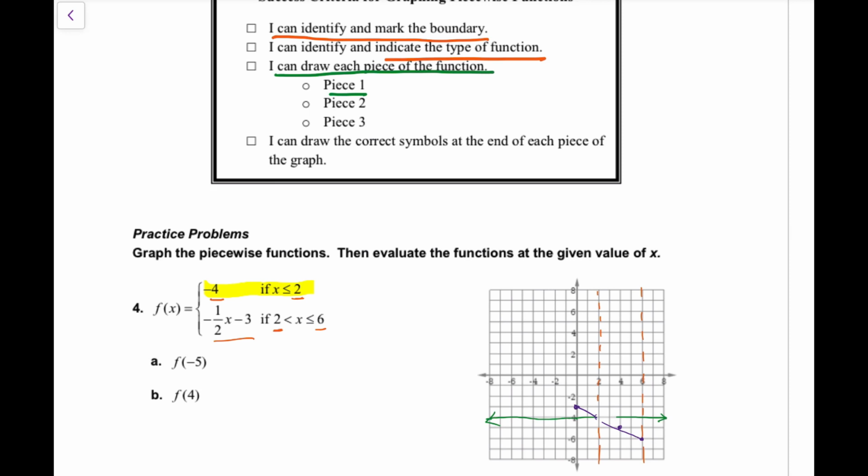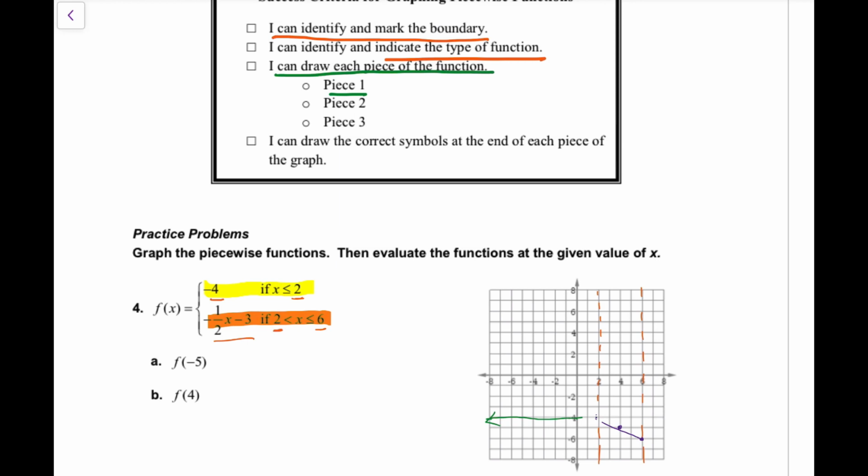So I'm going to erase all of this over here because that's bigger than 2. I don't want that part of the graph. And then on the second graph, the purple line graph, I only want it in between 2 and 6. So I'm going to erase all the pieces that aren't in between 2 and 6.